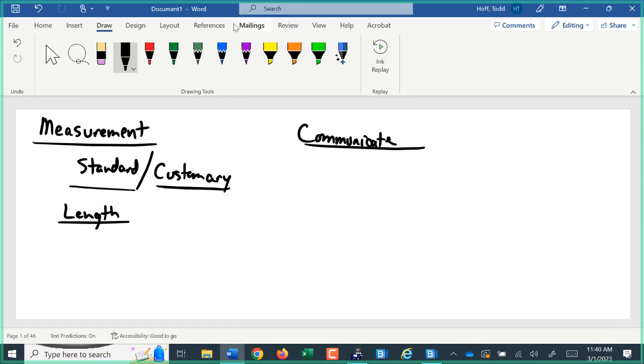But it also then had to stand the test of time because another need for measurement was to keep records. Let's say we're building this table now, but we know that in another year we want to come back and build another one that's the same. Well, we need to record what we did this time so that when we come back to do it again, we make sure we do it the same way.